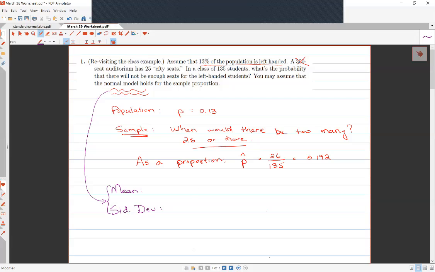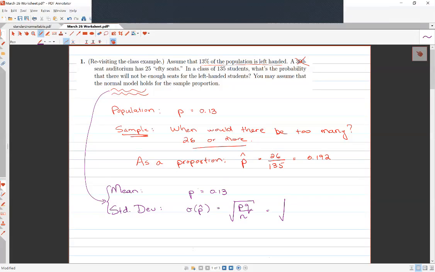The mean of the normal model will always be p, the population proportion. And the standard deviation, the quantity we call sigma p hat, has the formula: the square root of p times q over n.